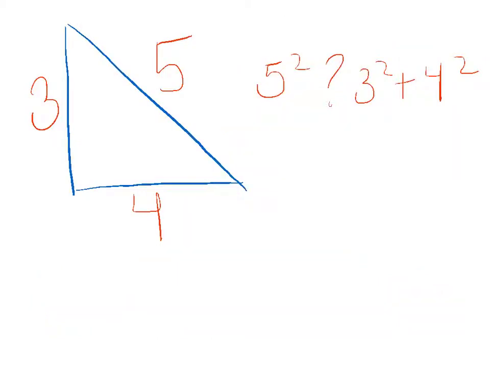So here we have a triangle. Notice that I have started with the largest side squared. And I am looking to see if the square of the largest side is equal to, greater than, or less than the sum of the squares of the other two sides.